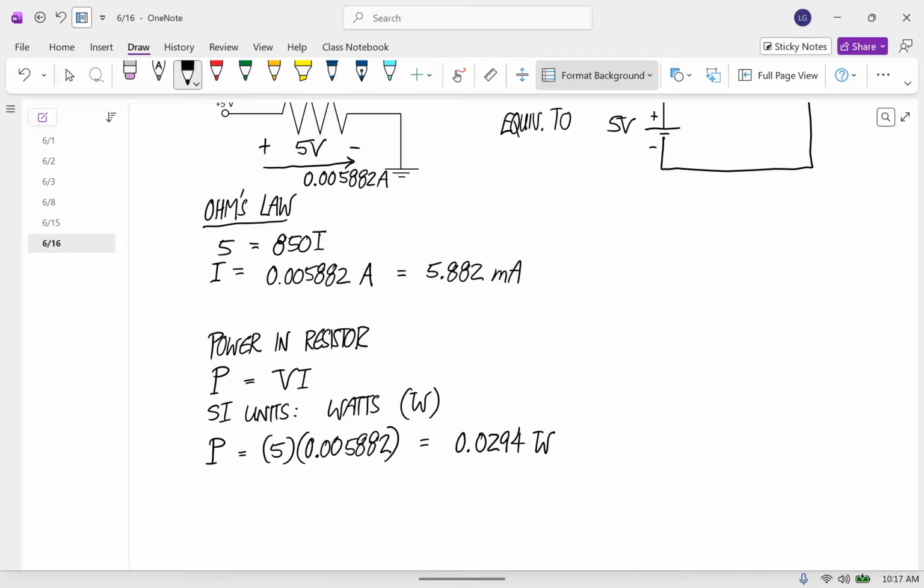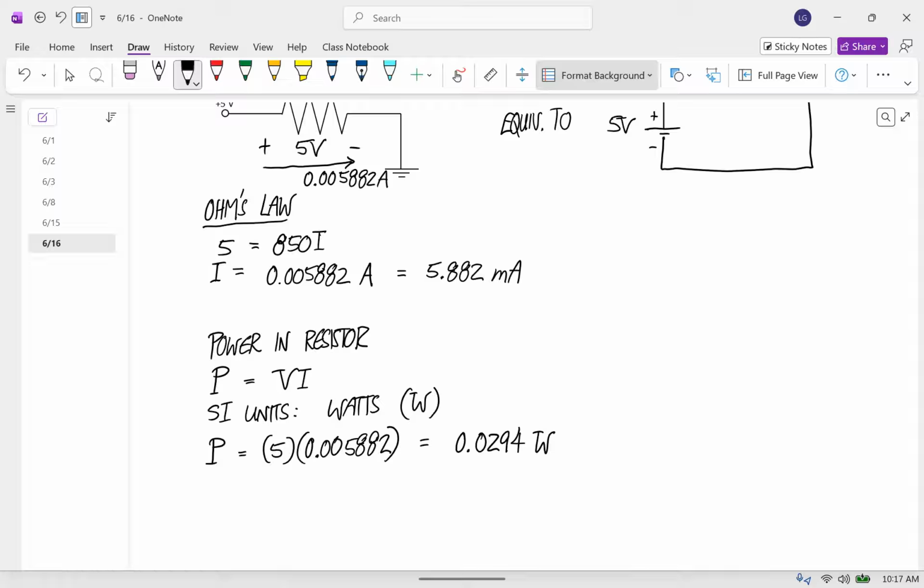And there's a reason that it's important to be able to calculate that power dissipated in a resistor, because the thing that damages resistors is power. Resistors are super cheap. It's not like you have to really worry about burning out resistors, but this will tell you if a resistor is going to be in danger of being burned out. All of the resistors that we have can handle a power up to 0.5 watts.